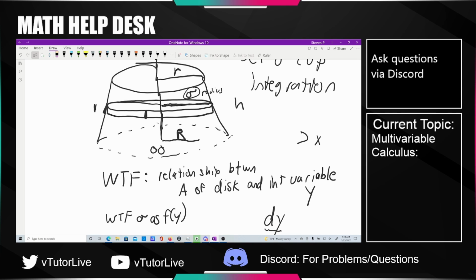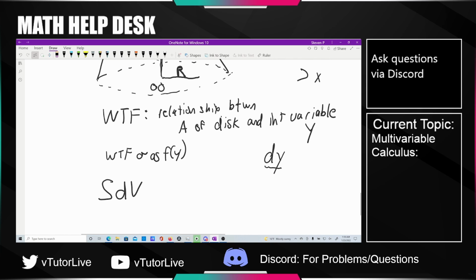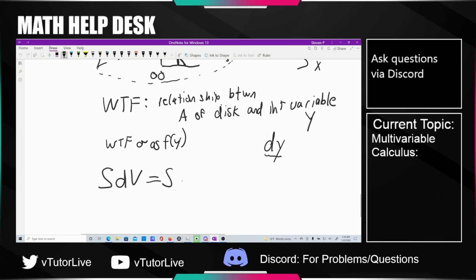Wouldn't it just be pi sigma squared? Well, that's right. I was just about to get to that. But that's correct, but it doesn't give us enough information to solve it because this is a times dy, right? And this is just pi sigma squared dy. But the reason we can't just leave it here is because I don't have any information about sigma yet.